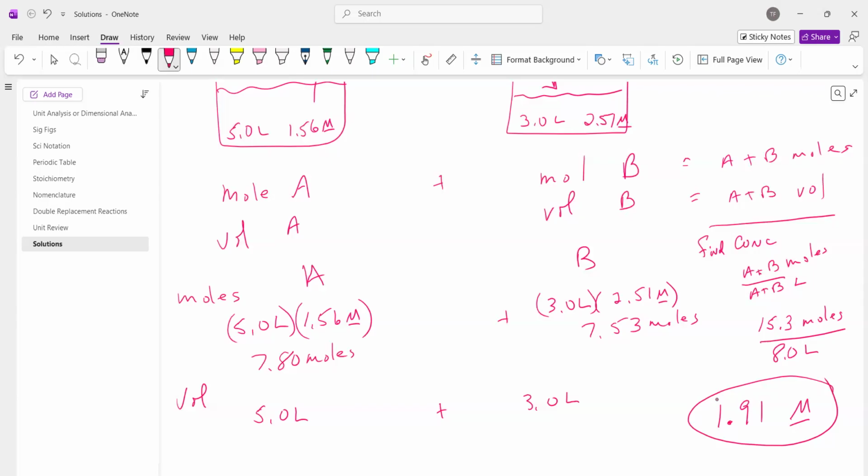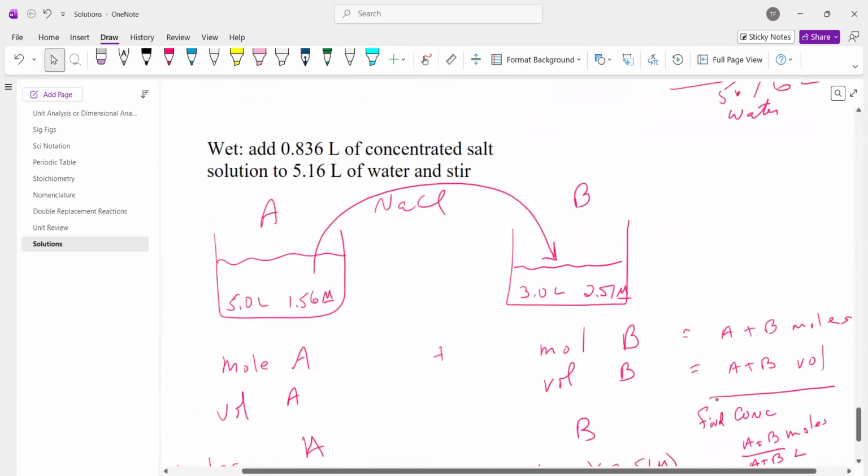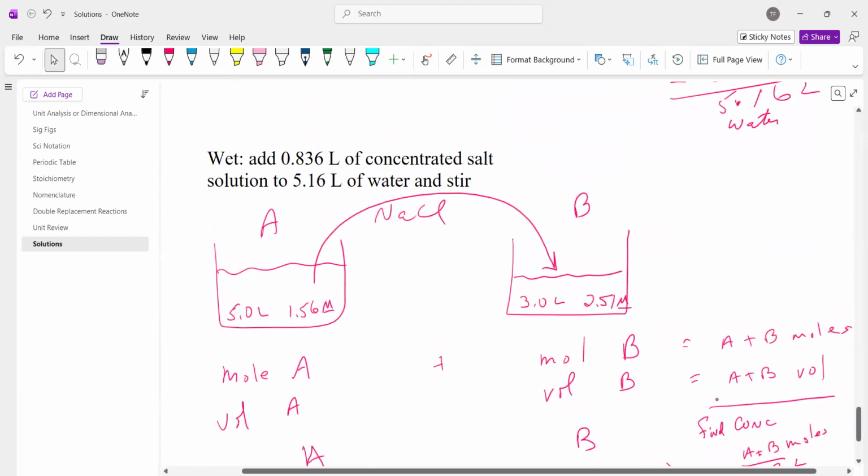Okay, so what we're going to do is, let's see, what are the other little ways to do this? Well, I can do a combination of this. Let's do one more, and that'll be it for today.